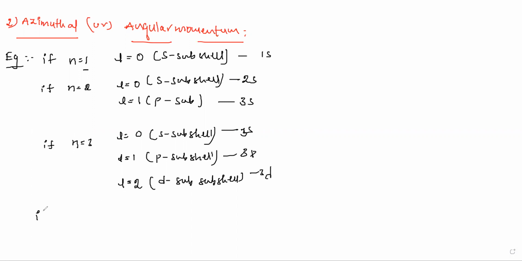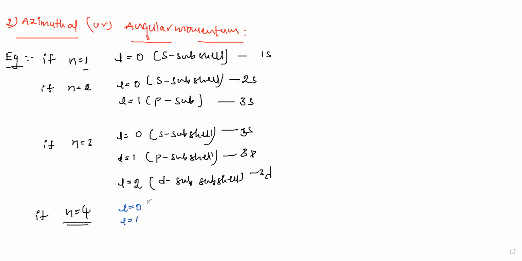Now your homework is, if n is equal to 4, what are its values? Tell me the possible L values. From the start, L is equal to 0, s subshell, 4s.